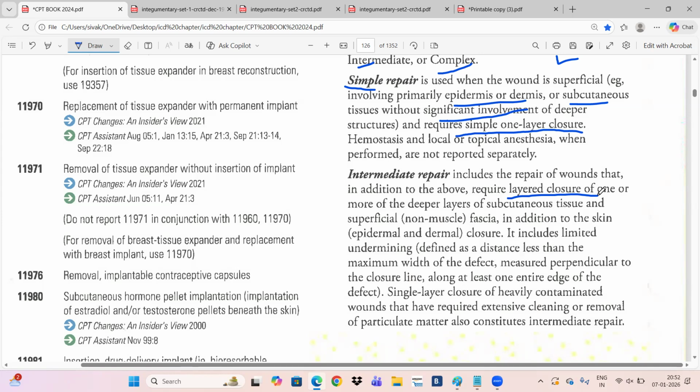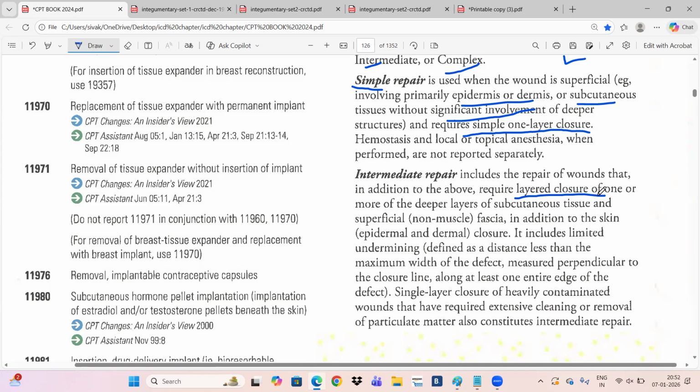Single layer also we can code as intermediate when single layer closure of heavily contaminated wounds requires extensive cleaning or removal of any particulate matter. Sometimes for a single layer closure, if that wound was heavily contaminated and they did extensive cleaning or removal of particulate matter, meaning any foreign body from that wound, then also we need to consider it as intermediate, or two layered closure or layered closure. Consider as intermediate. Single layer closure should be simple.